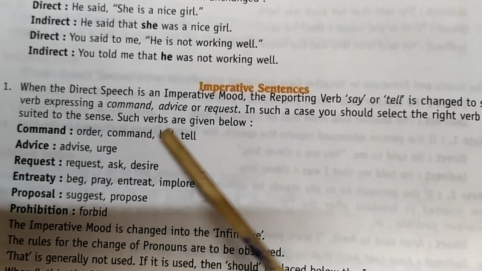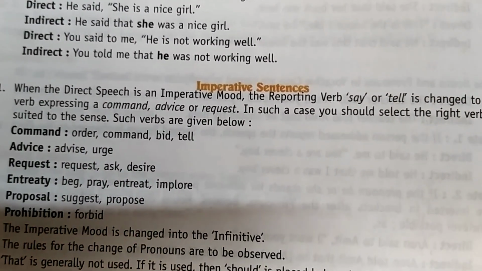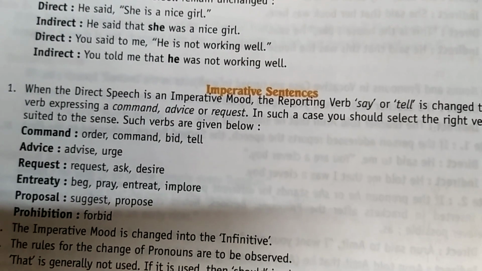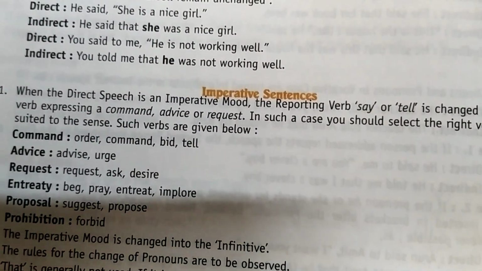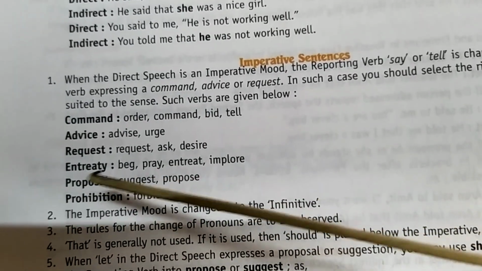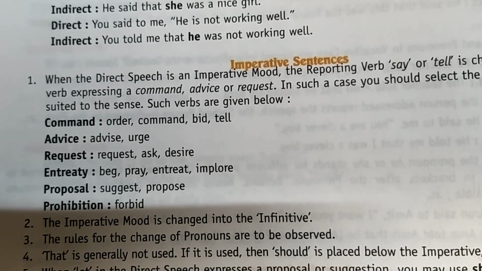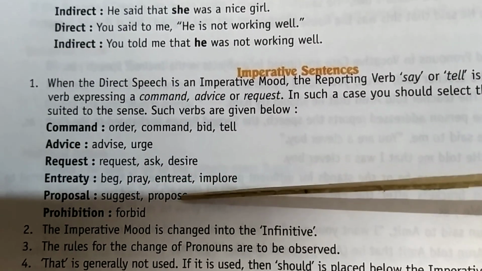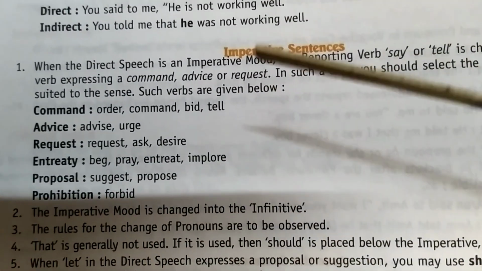Such verbs are given below. To express command or order: command, bid, tell, advise, urge. For request: ask, desire. For entreaty: beg, pray, entreat, implore. For proposal: suggest, propose. For prohibition: forbid.